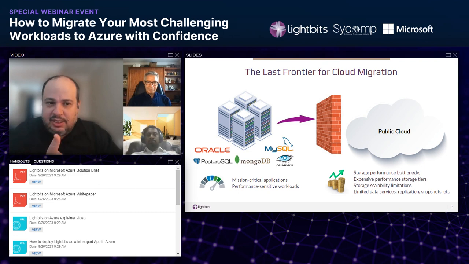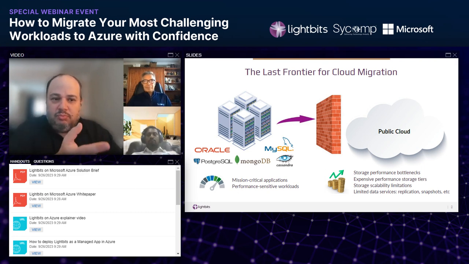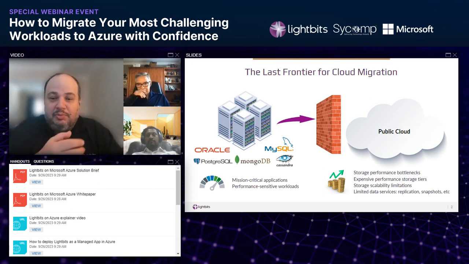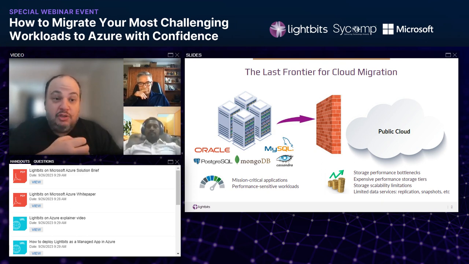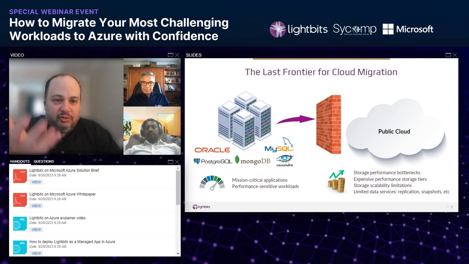The main reason companies keep these workloads on-prem and don't move them into the cloud is that they have concerns, challenges, and obstacles, mostly around storage performance. Is the public cloud infrastructure good enough to give me the millions of IOPS and hundreds of microseconds latency I'm used to getting on-prem?